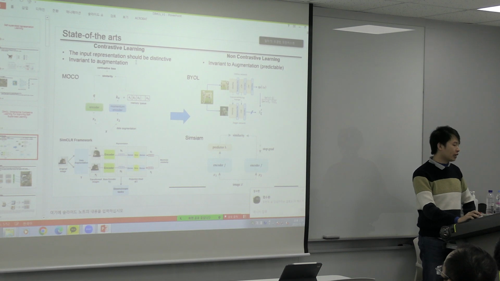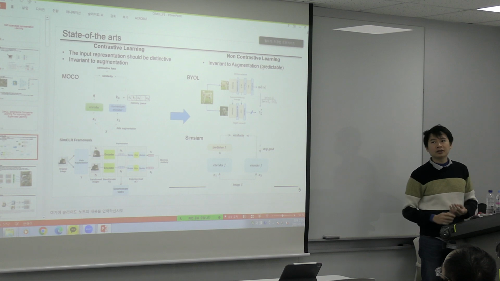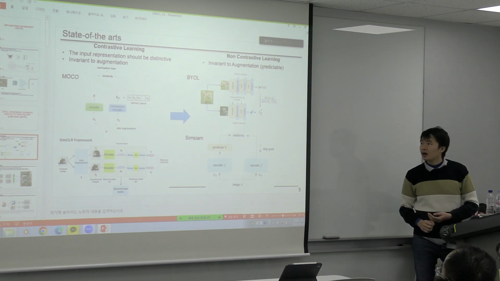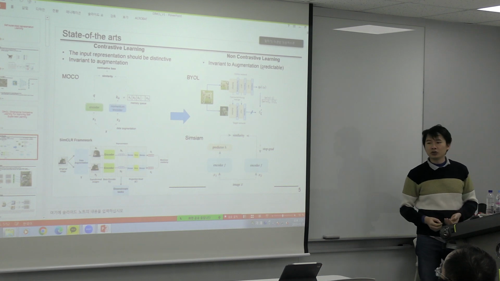Before, it was very strong that it should be invariant to augmentation, but now they reduce it so that the representation of each augmentation should be predictable from the other augmentation.